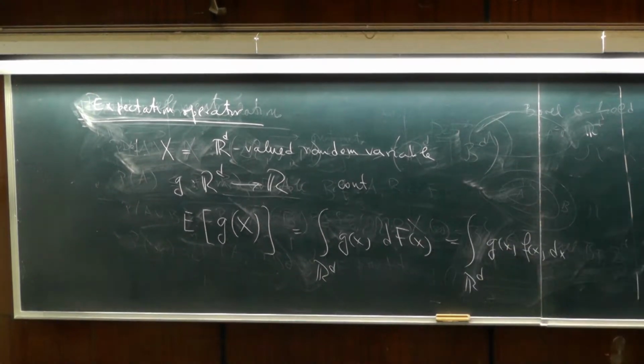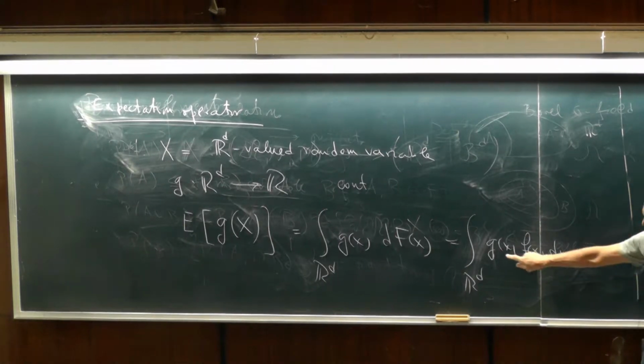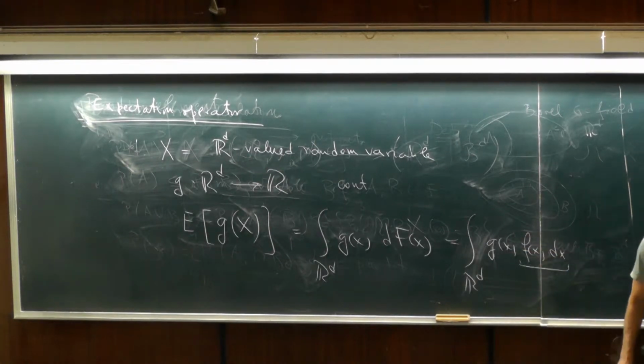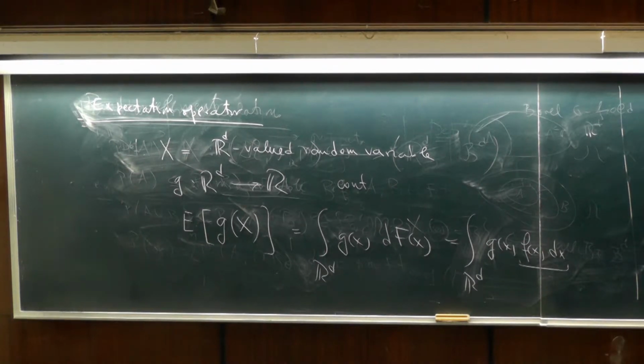So that's a way to calculate it. So basically I'm going to weight the value of g at a particular x with this probability f_X(x) dx, add all the contributions, and of course you find the average value. The expectation is exactly like arithmetic expectation, just loaded a little bit.